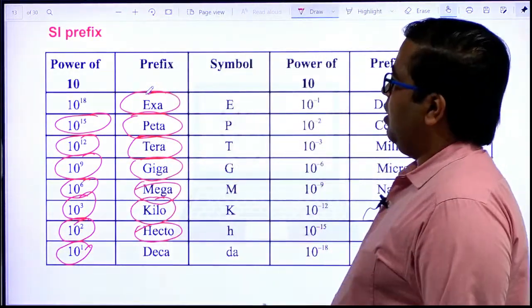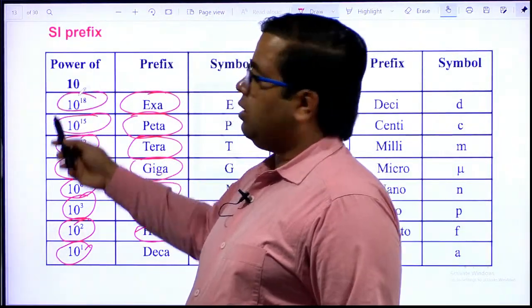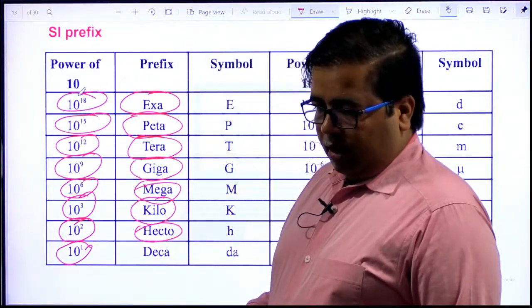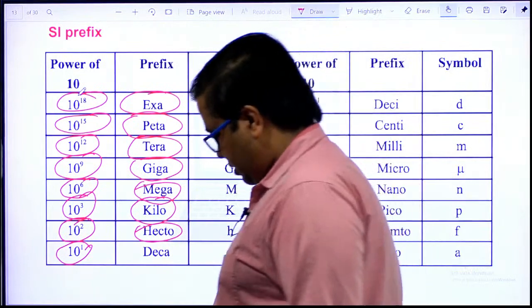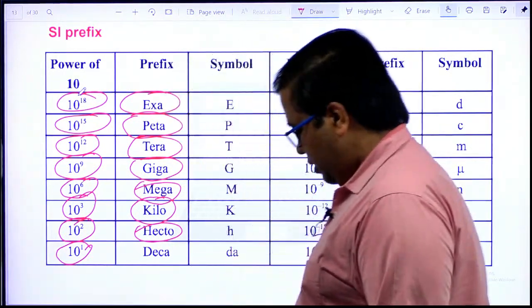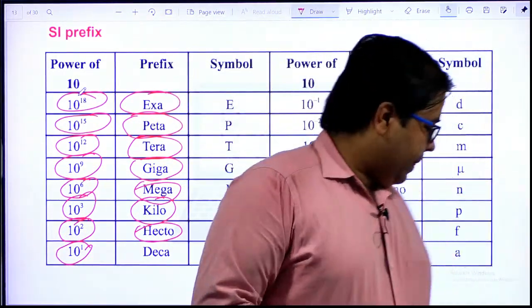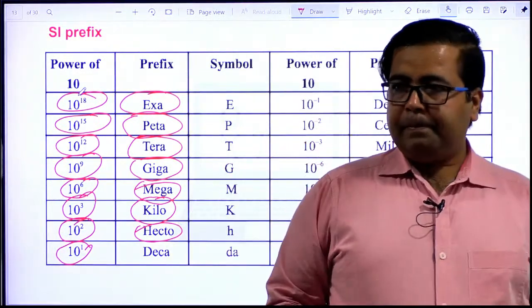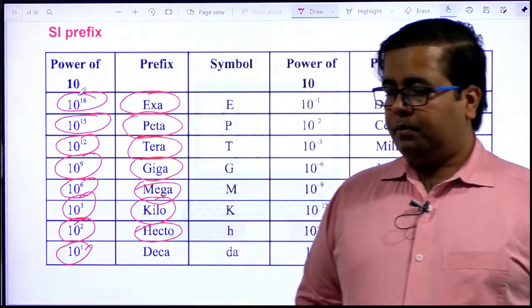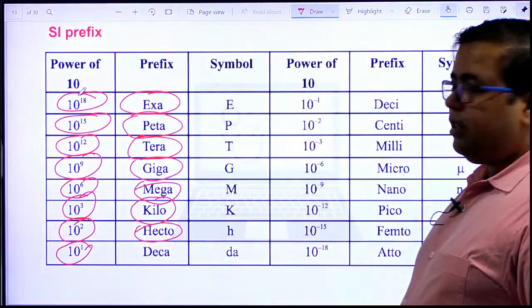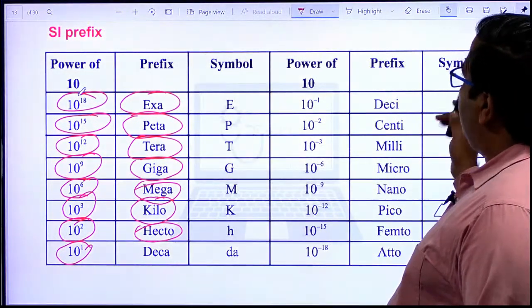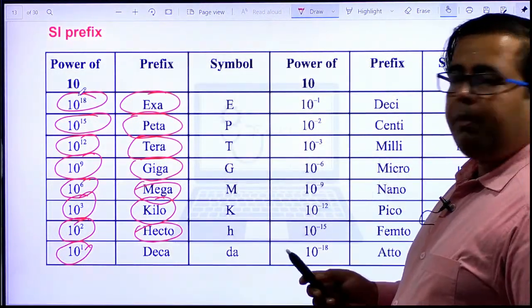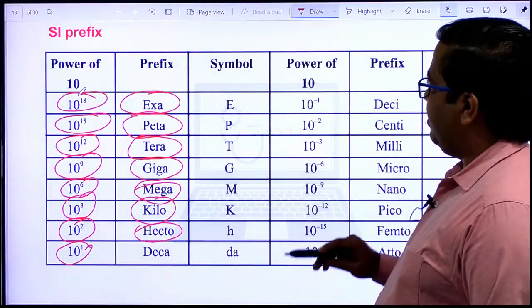So these are the prefixes we have. Now let's see the lower powers, like 10 to the power minus 1.